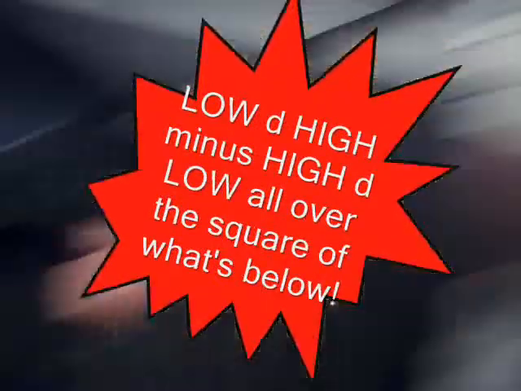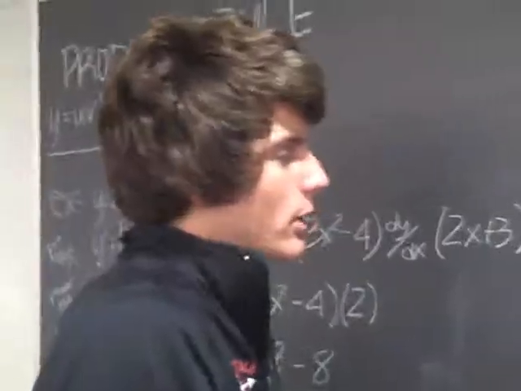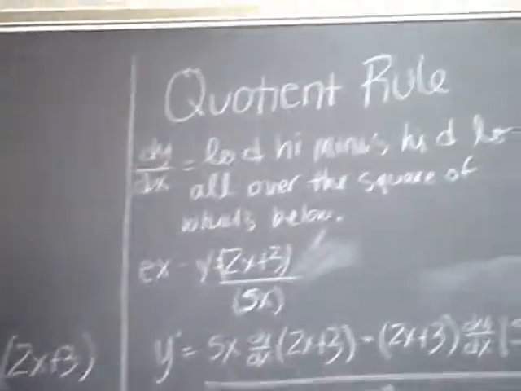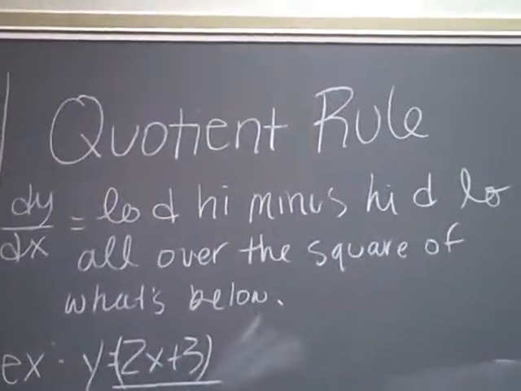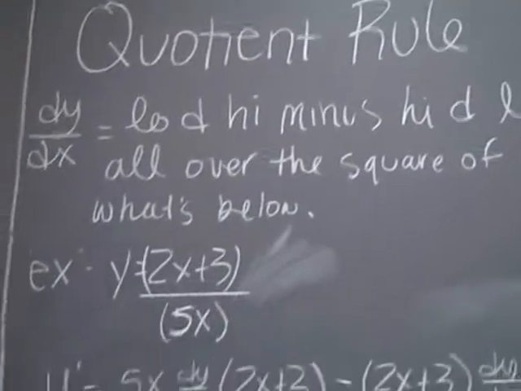Low d high minus high d low, all over the square of what's below. You use the quotient rule when you're trying to get the derivative of a binomial fraction.